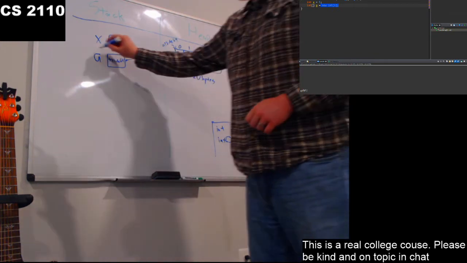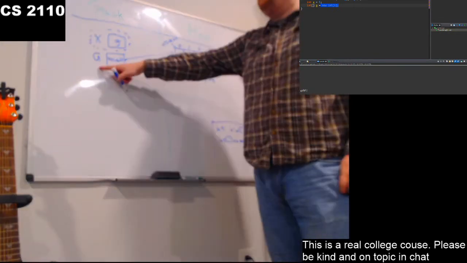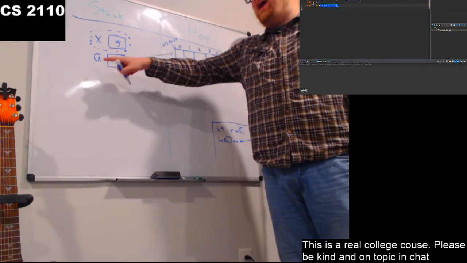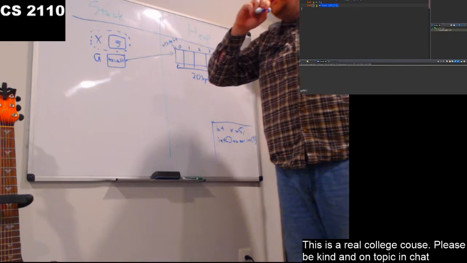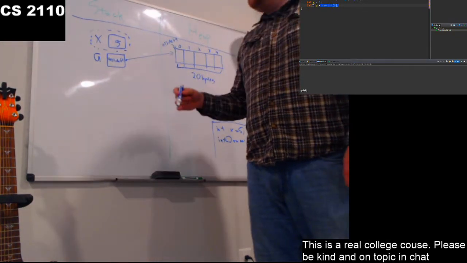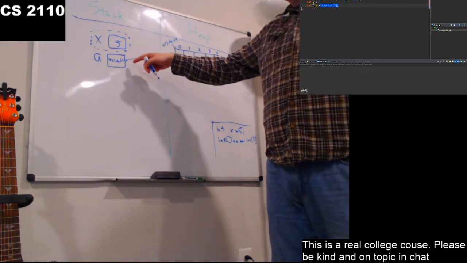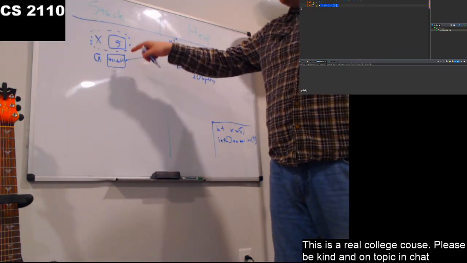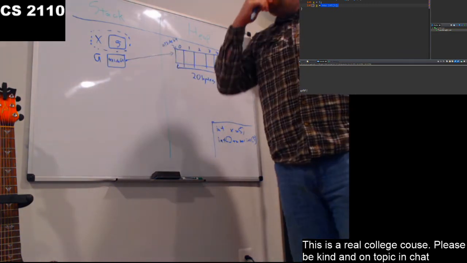Int x is a primitive data type. Even though A is an array of integers, A is not a primitive data type. A is a reference data type. A is an object. And objects on the stack only store the memory location, not the value. And the heap is where the values are stored.